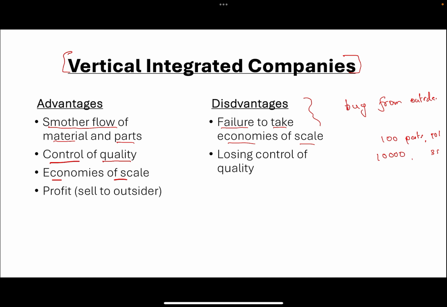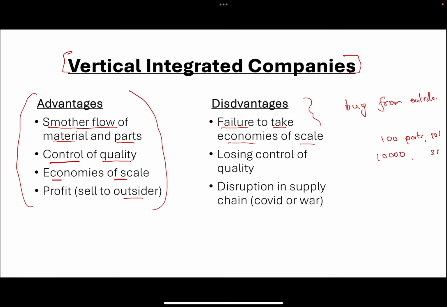And if you are manufacturing a lot of parts, then you can sell them to other companies outside. These are the advantages of vertically integrated companies. The disadvantages associated with procuring from outside are disruptions in the supply chain.